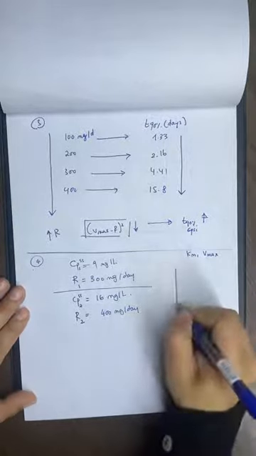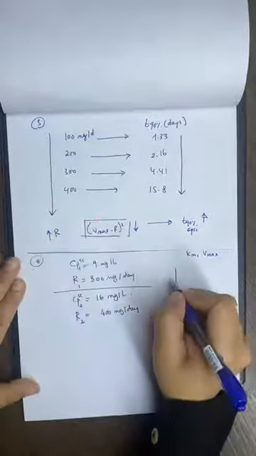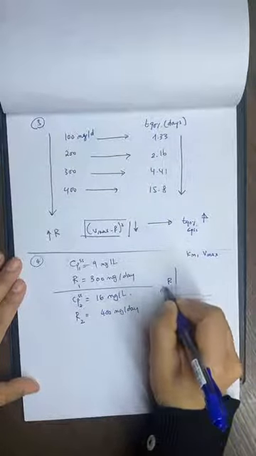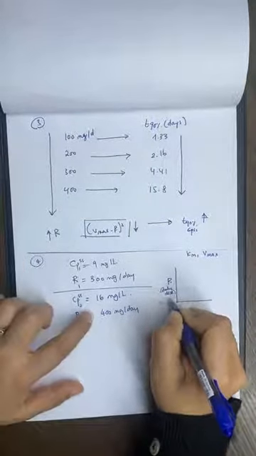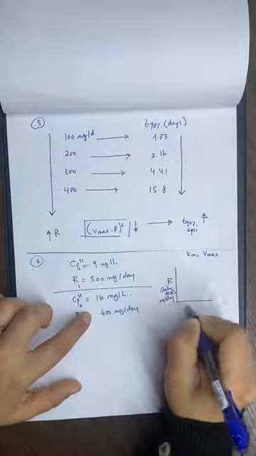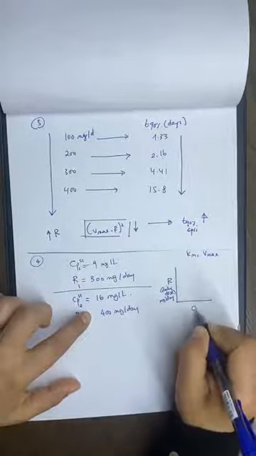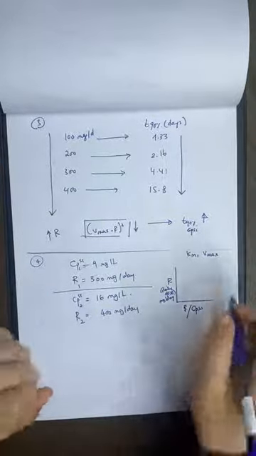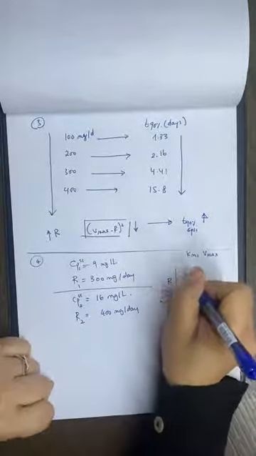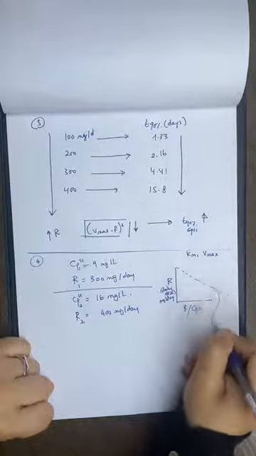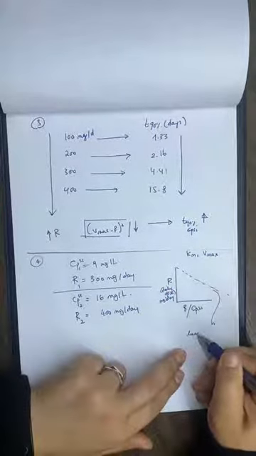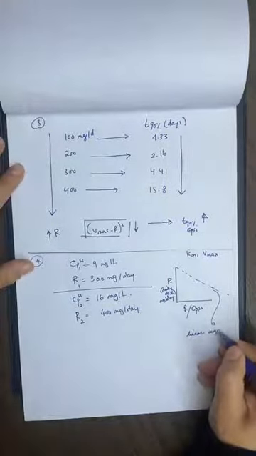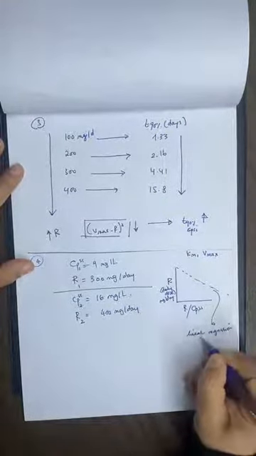First of all, if I didn't give you those and you have R, or the daily dose, in this case milligram per day, versus R over steady state concentration, and you have this profile and it gives you a linear regression equation.